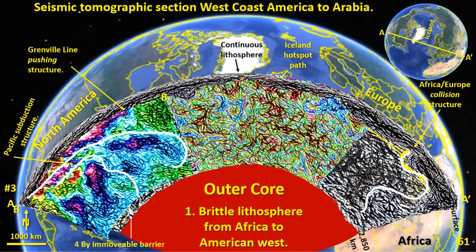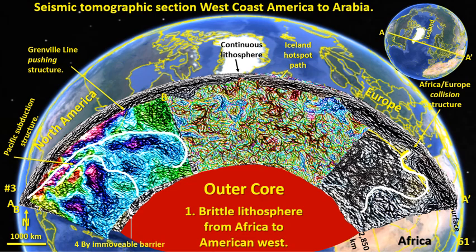This section shows the seismic tomography from the west coast of America to Arabia. Note on the left-hand side the Pacific subduction zone structures, and in the centre is the mid-Atlantic ridge, and on the right-hand side we've got the African collision zone under that wavy white line.